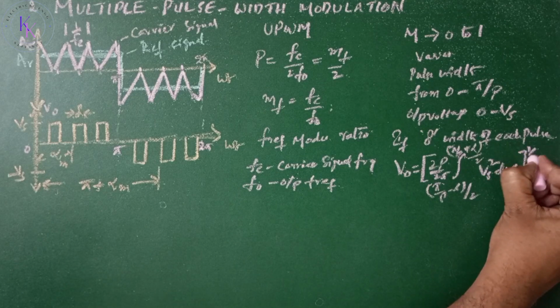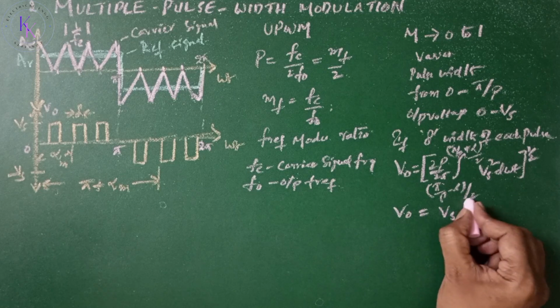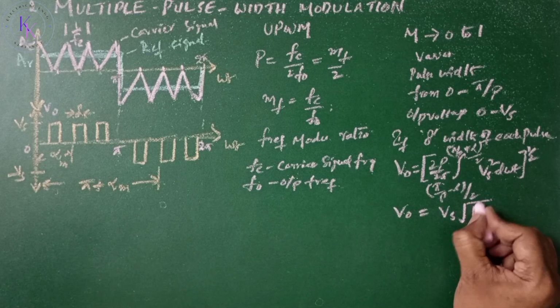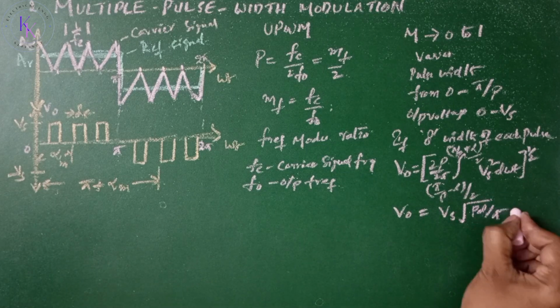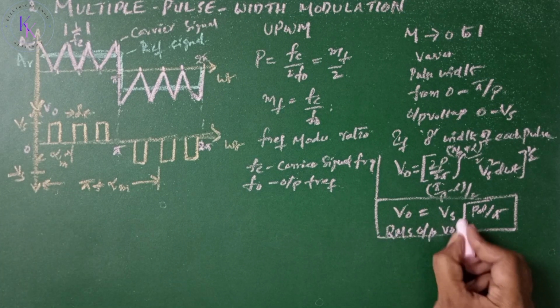Then V0 equals Vs times the square root of P delta divided by pi, the RMS output voltage.